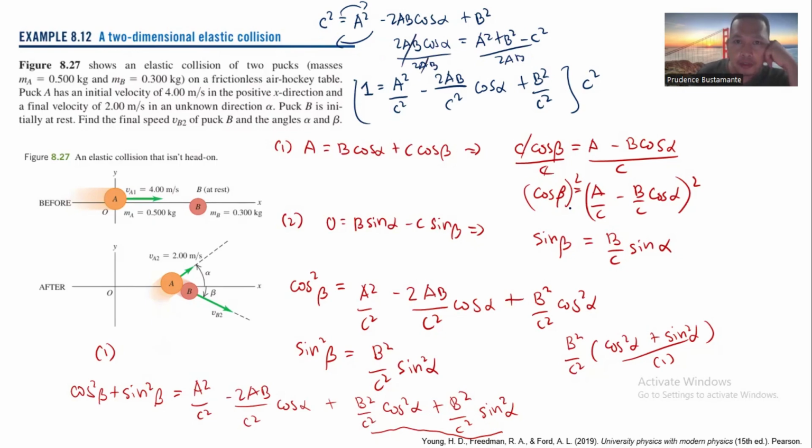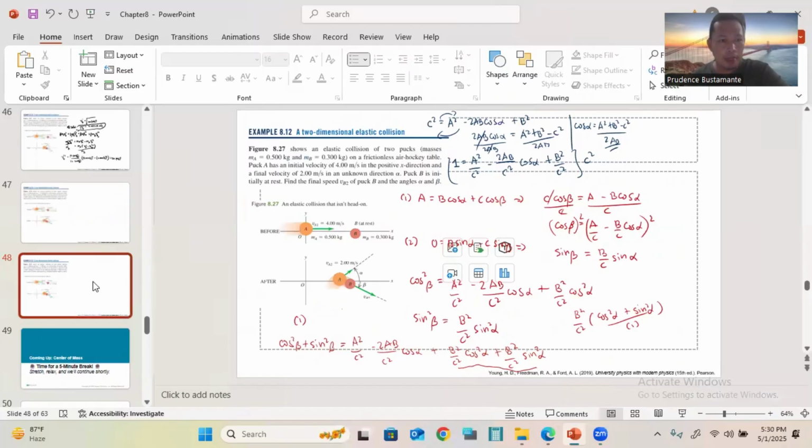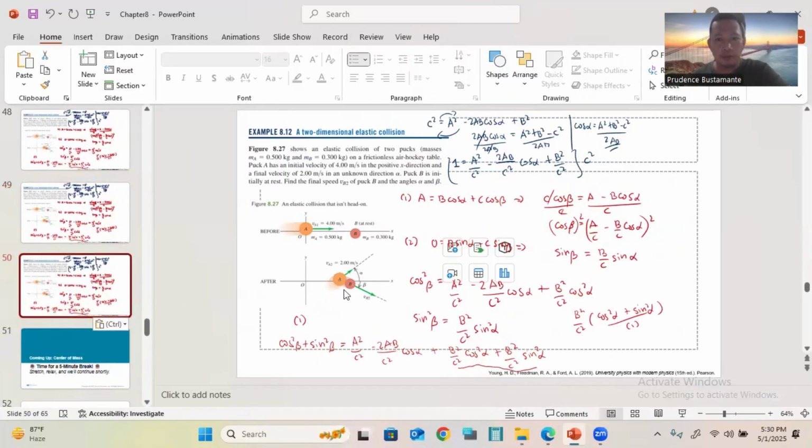So what's next? We still have space. Let's save this and have more space.